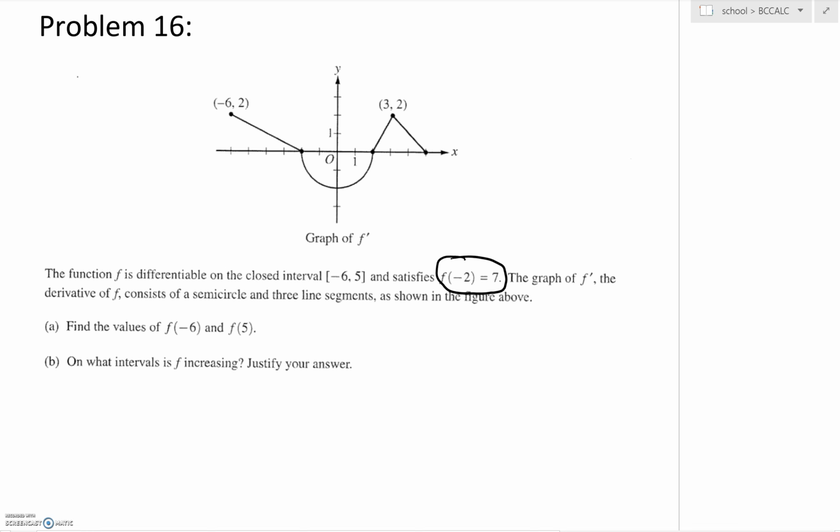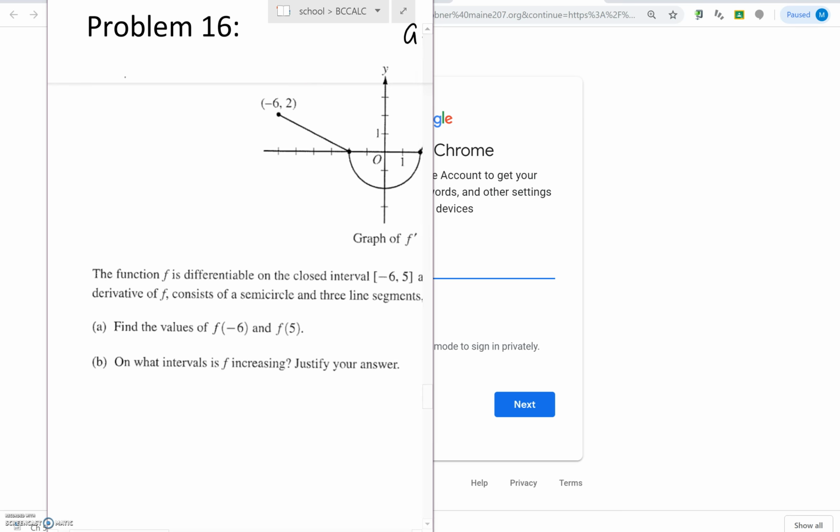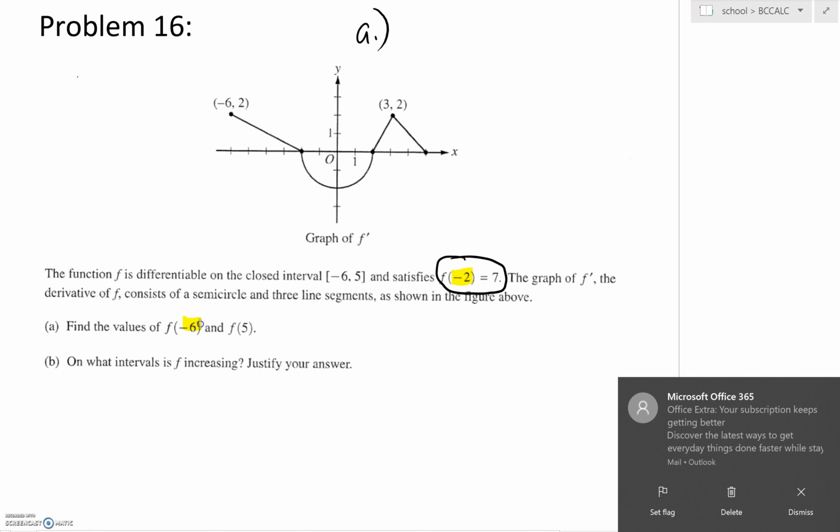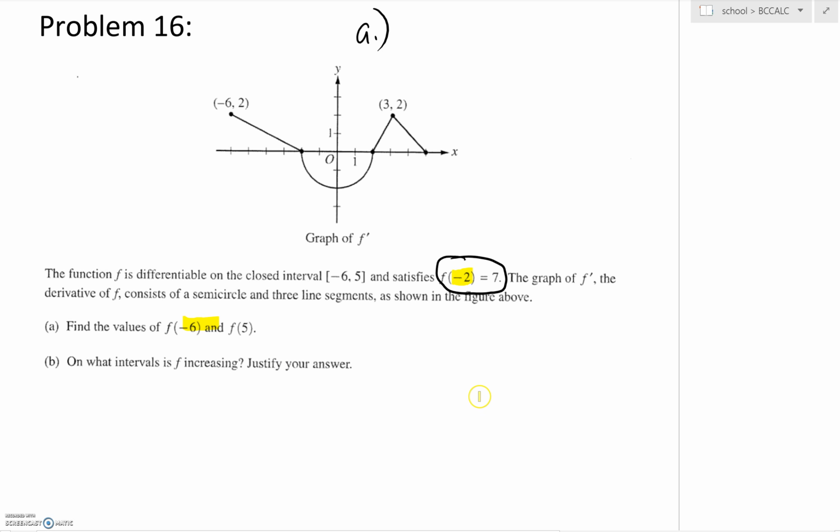We're trying to see if we can find the values of f of -6 and f of 5. These are one of the most frequently asked questions, so it's good to break this down. As we're looking at this problem, we can most definitely see that we are told something about x equals -2, and yet we're trying to find f of -6.